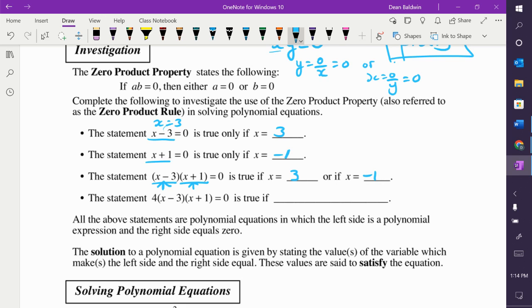This just says they're being multiplied, so it's whatever makes each bracket 0. It doesn't matter if you have a constant term in front of it. That makes no difference. You just look at what makes each bracket 0 if the whole thing equals 0. So to make this bracket 0, x would be 3, and to make that bracket 0, x would be negative 1.